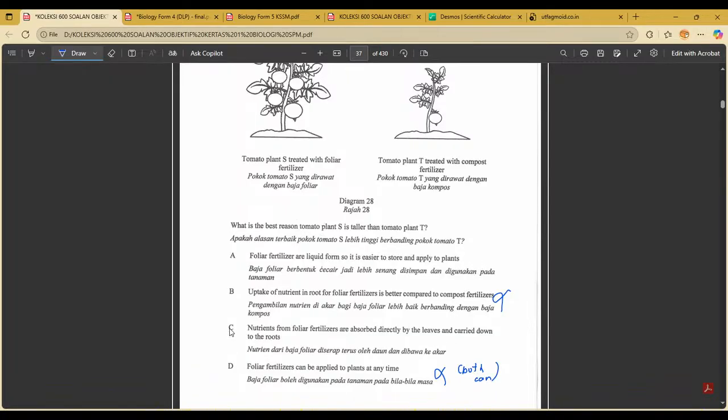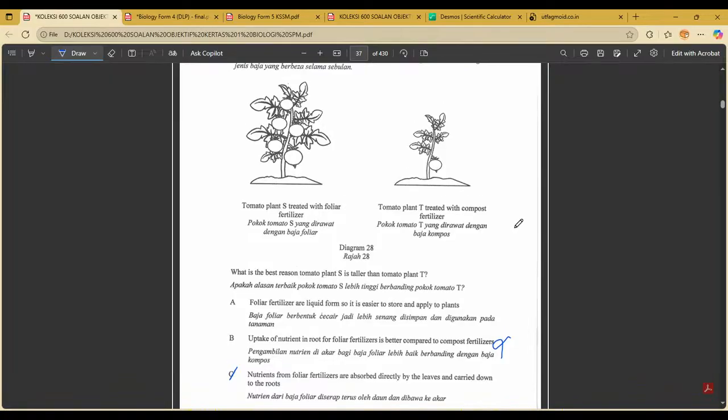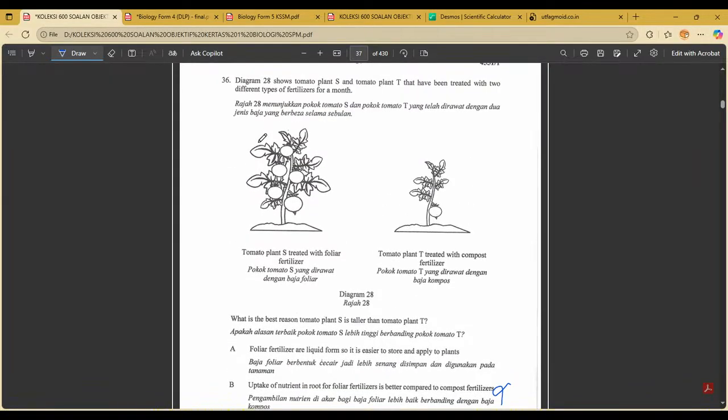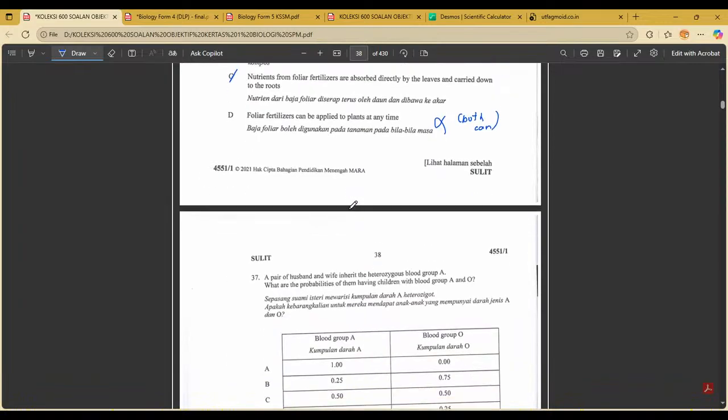Foliar fertilizers are fertilizers that are sprayed onto the leaves.